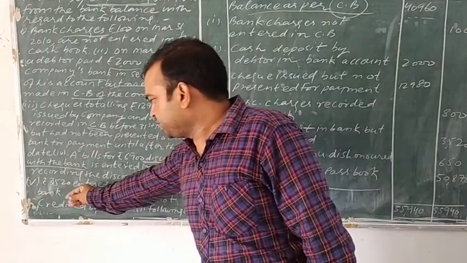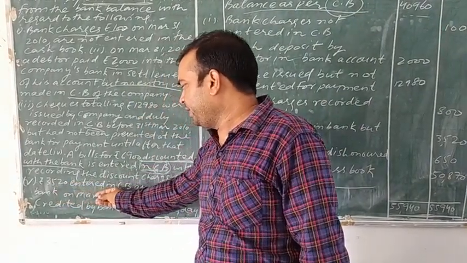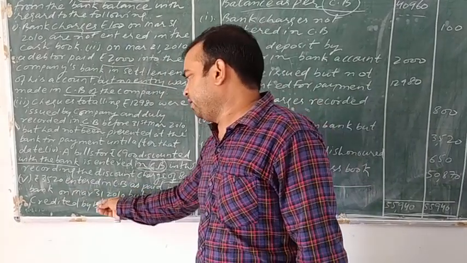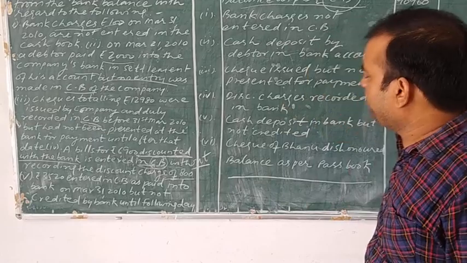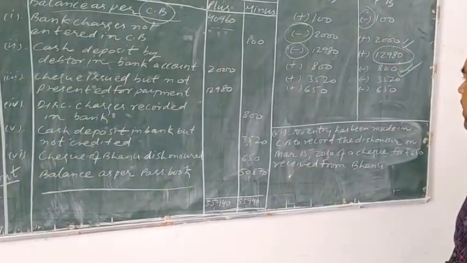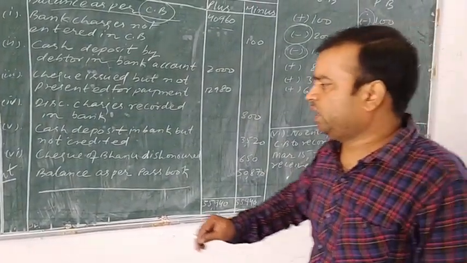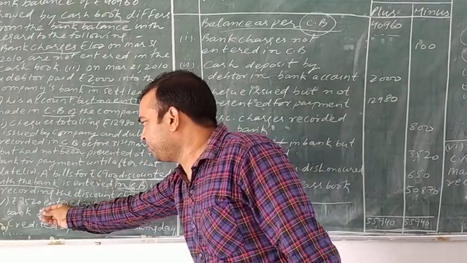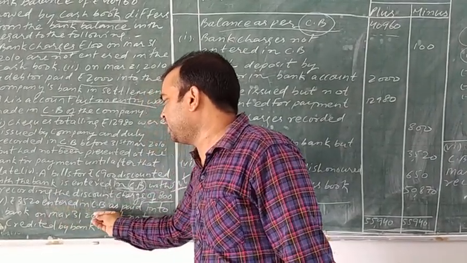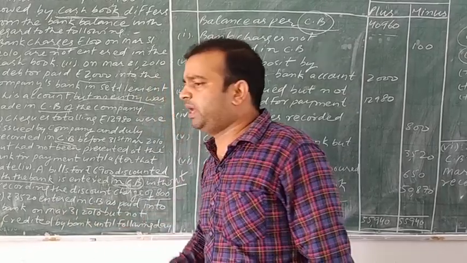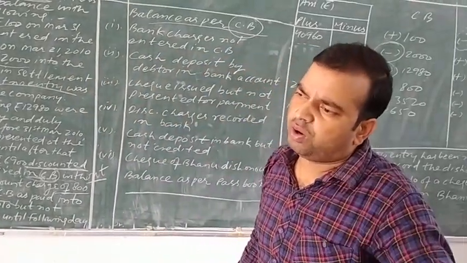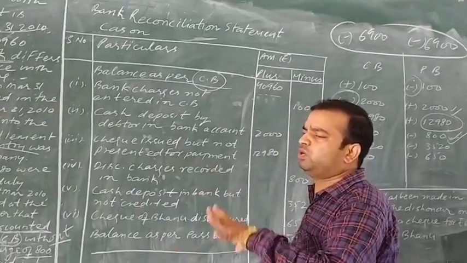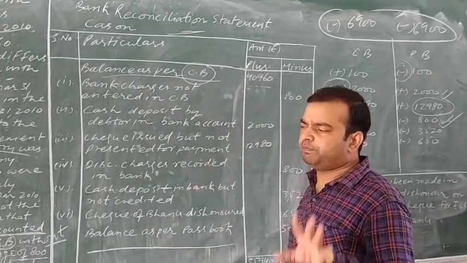Now the fifth transaction, rupees 3,520 entered in the cash book as paid into bank. Okay, as paid into bank means this amount is entered where? Rupees 3,520 entered in the cash book as paid into the bank means we have recorded in the cash book that we are going to deposit how much amount? 3,520 within the bank.